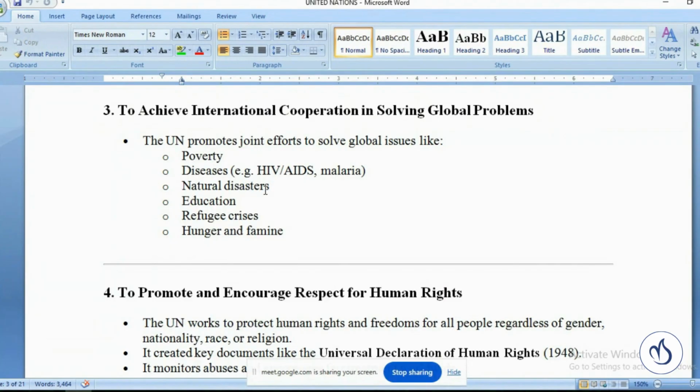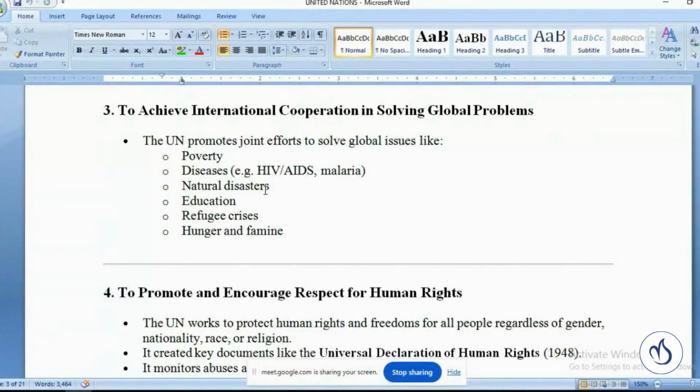But the UN normally comes in to help, most especially with what has happened to people. It gives out temporary tents for people to stay in. Have they died? It comforts the people by providing some money and help.